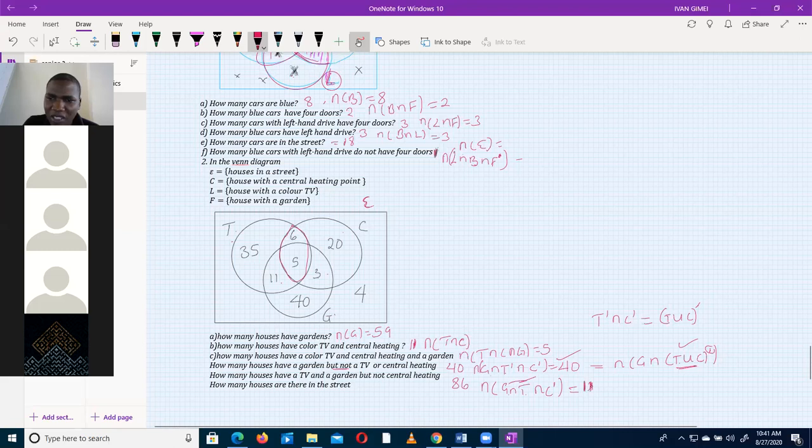Now, when would this 86 be correct? Who can modify this question so that 86 is correct? How many houses have a TV or a garden, but not central heating? Perfect.